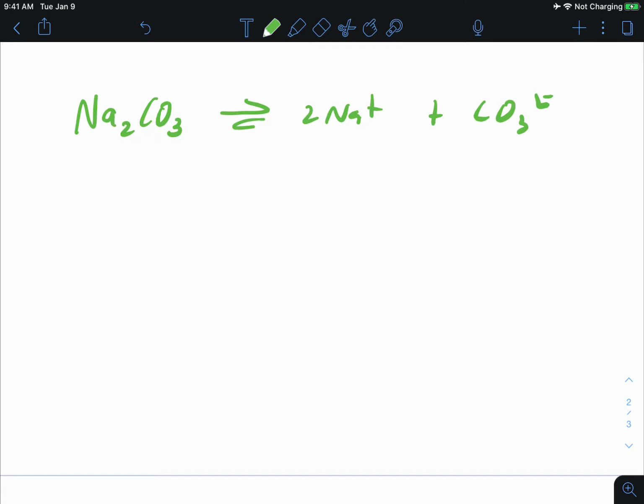Since the carbonate ion is, we won't call it a strong base, but relatively speaking, it's stronger than water, if you will. So it will react as a base, and that's because this is a weak acid, carbonic acid, right?